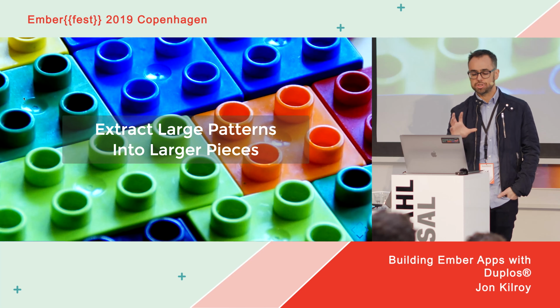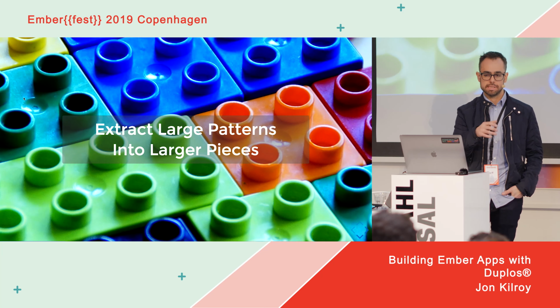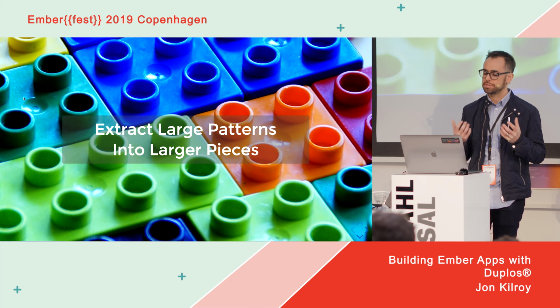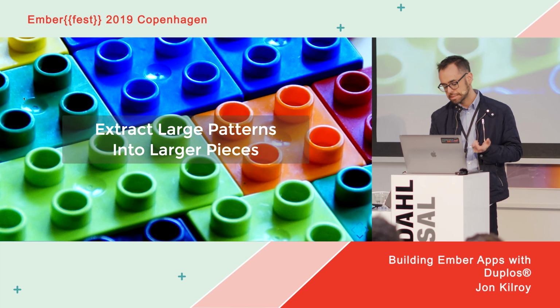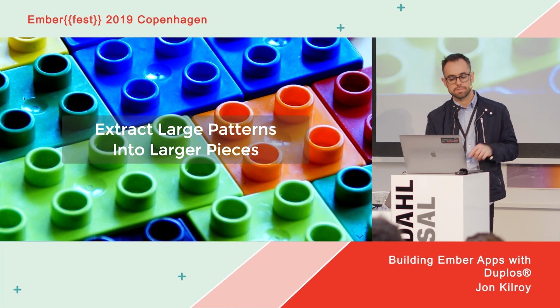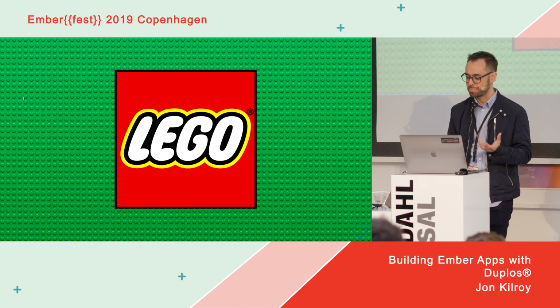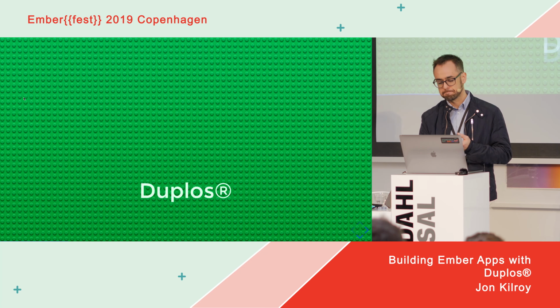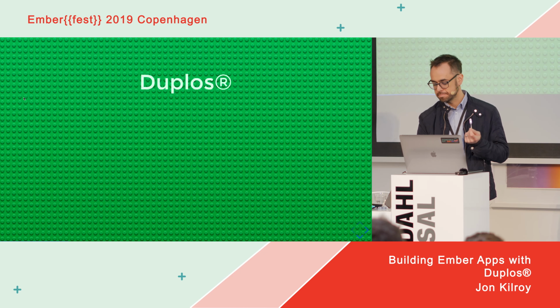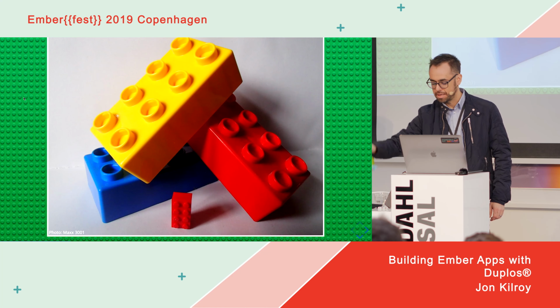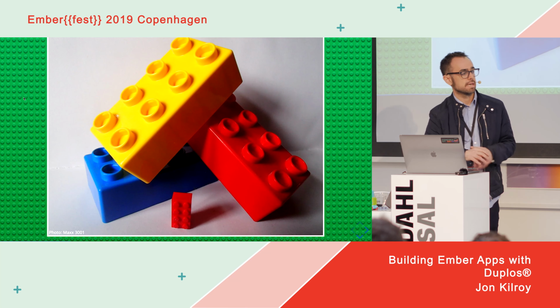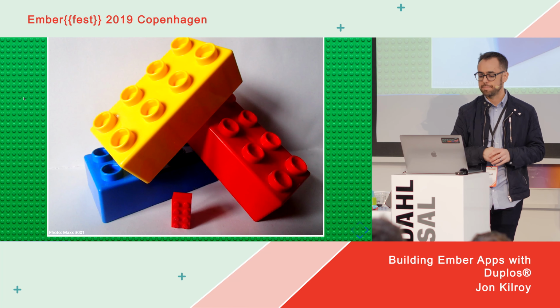So what if we could extract these patterns that we see again and again, these larger patterns, these larger experiences, into larger building blocks? So I want to go back to Lego for a second, because it turns out that Lego has a larger brick, a larger piece. It's called the Duplo. So in 1969, Lego came out with the Duplo.